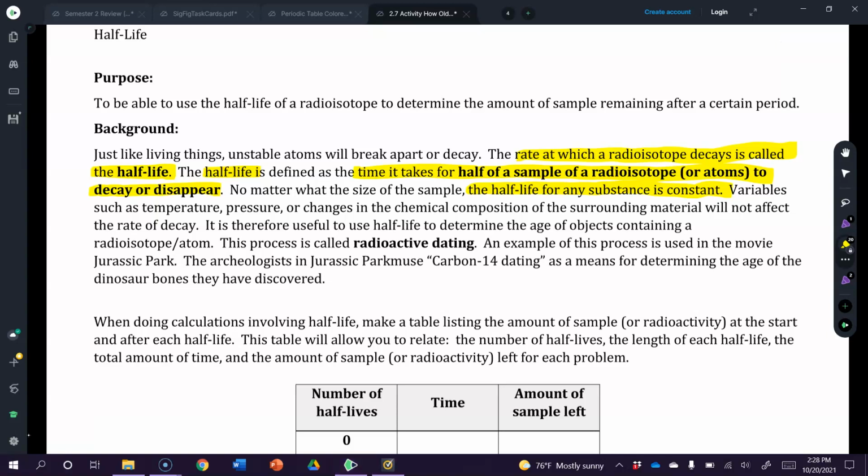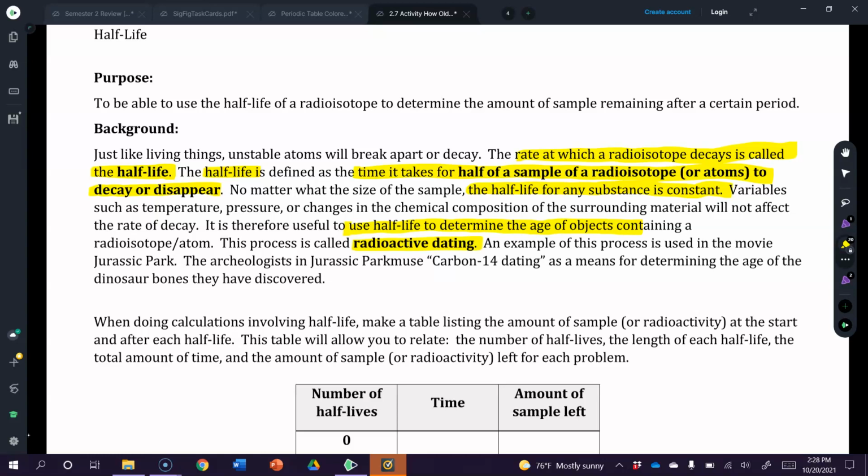Variables such as temperature, pressure, or changes in the chemical composition of the surrounding material will not affect the rate of decay. It is therefore useful to use half-life to determine the age of objects containing a radioisotope or atom. This process is called radioactive dating, just like what we did in the Radioactive Dating Game PhET Lab.